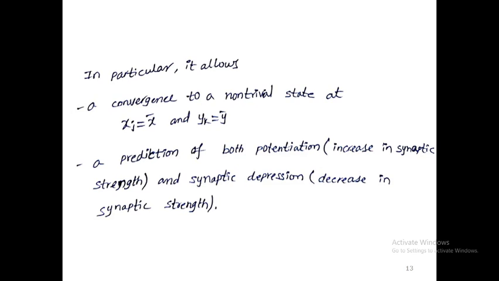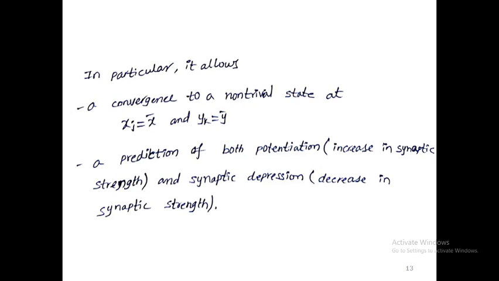In particular, it allows a convergence to a non-trivial state. At the non-trivial state, xj should be equal to x bar and yk should be equal to y bar. This is the ideal case where it will converge, right?